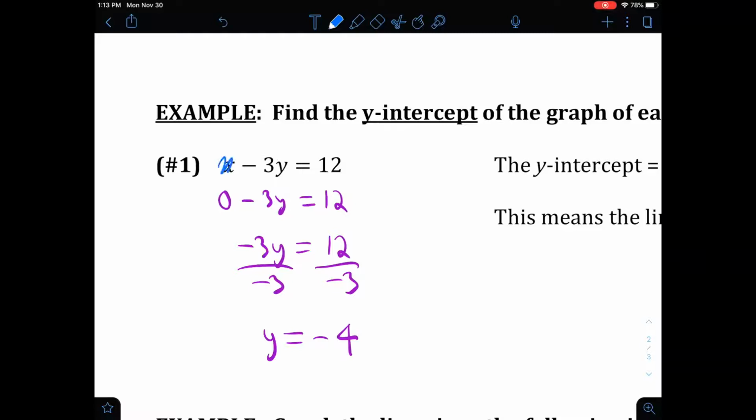If I'm looking for the y-intercept, I can cover up the x because it's going to be 0, and I get -3y equals 12. That's a shortcut that I would highly recommend you do if you're able to. If you're looking for the x-intercept, cover up y in an equation because it's going to cancel out. If you're looking for the y-intercept, cover the x, and that one's going to cancel out. There's no reason to do x minus 3 times 0 equals 12 if this is just going to cancel out anyways. So work smarter, not harder, right?